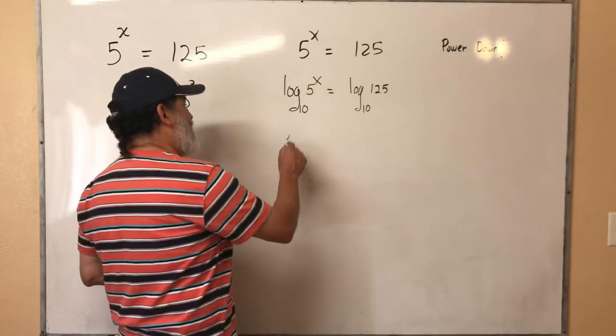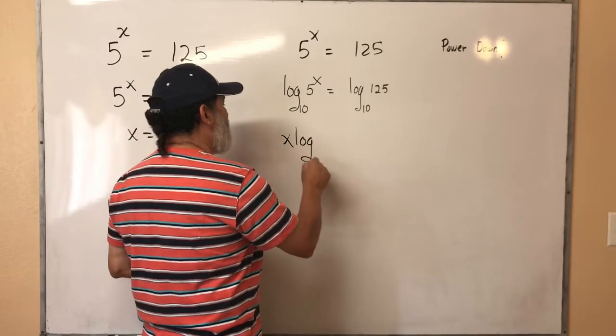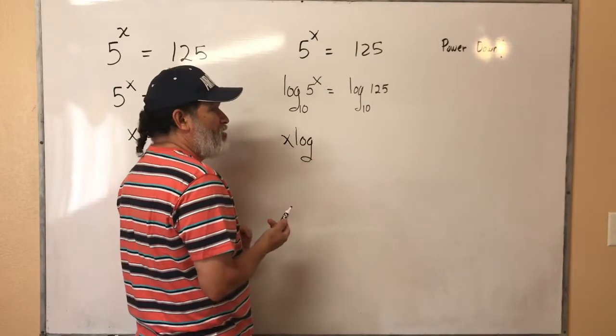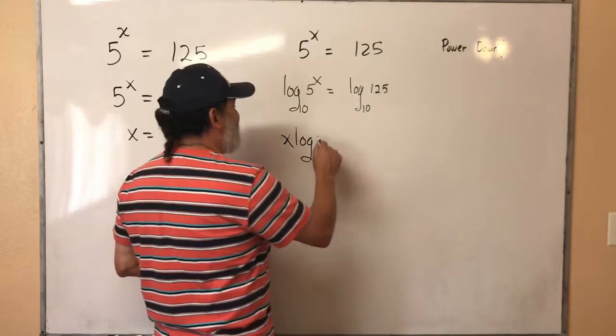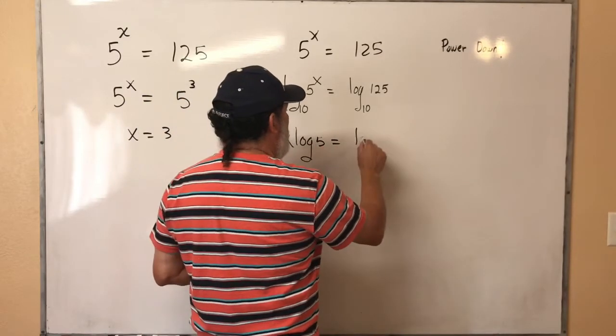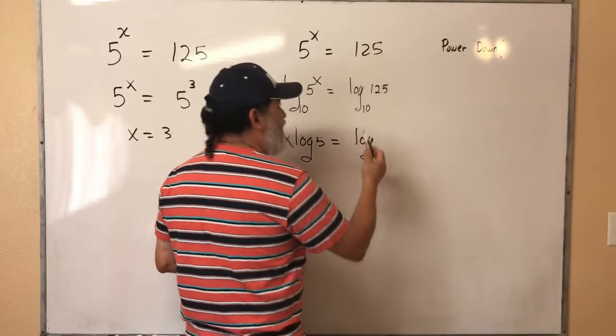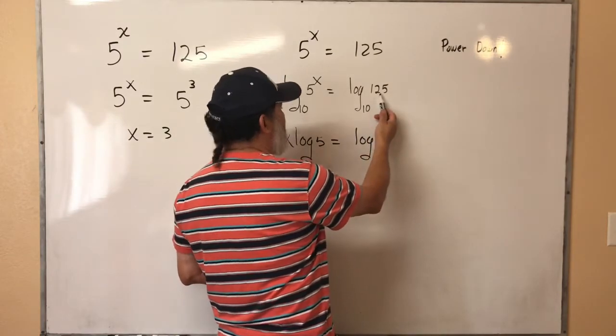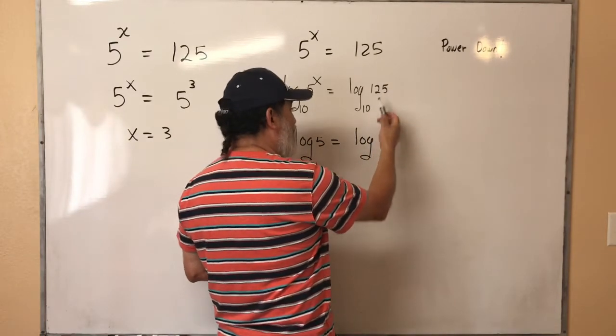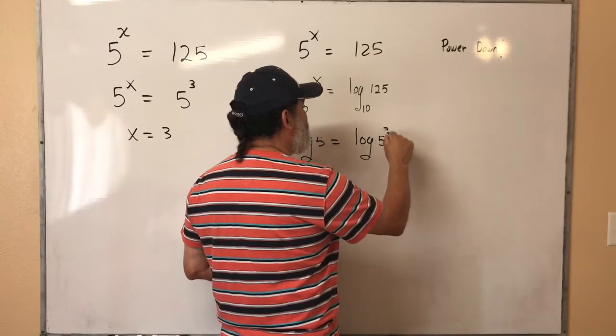So this x log base 10 of 5 equals log base 10 of, and you see this 125, I'm going to say 5 to the third.